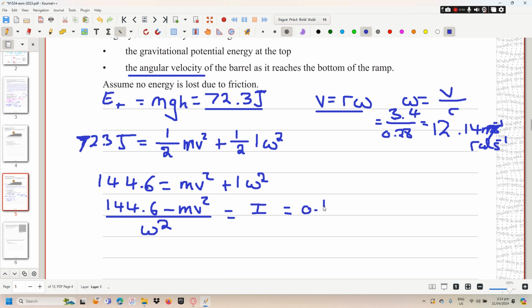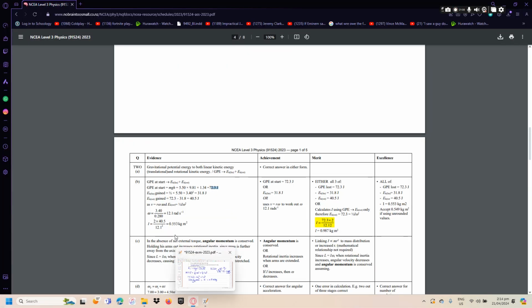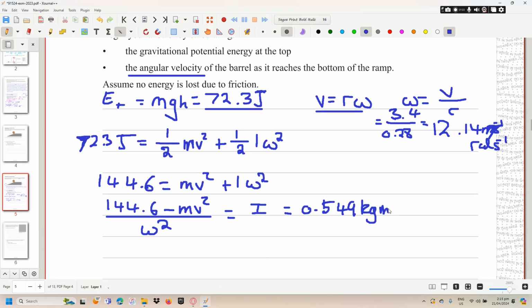And you'll get 0.549. Ah, yeah, there it is. Got a meter squared here.